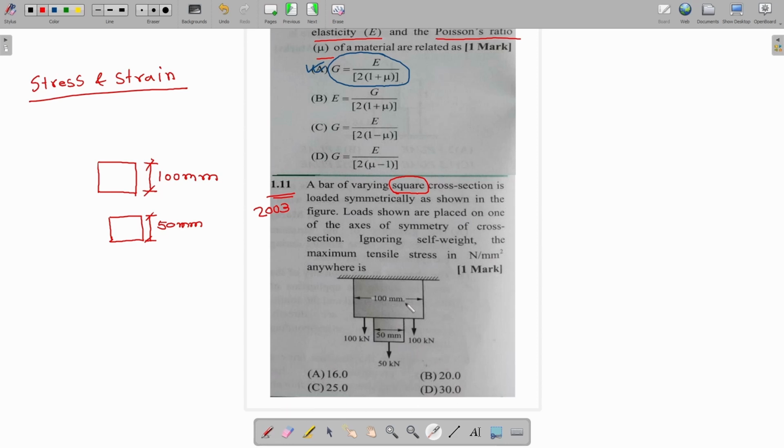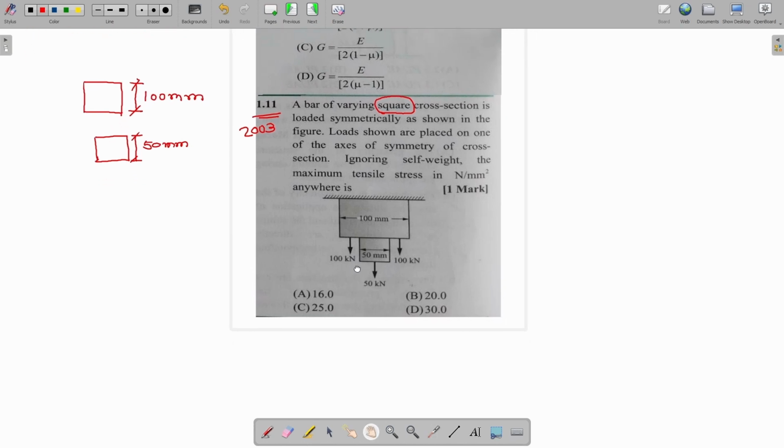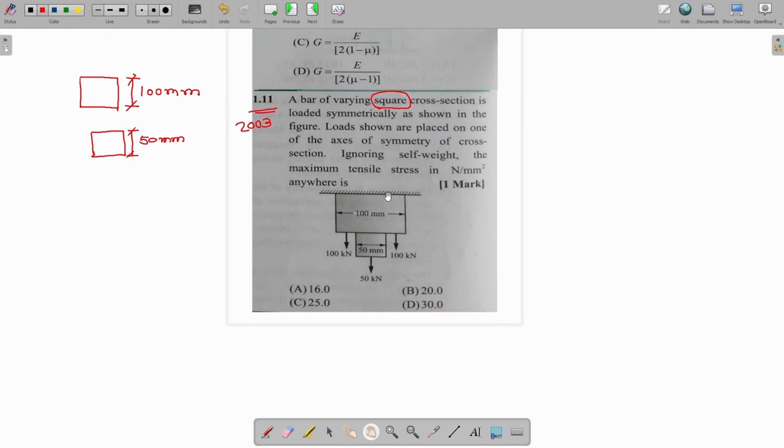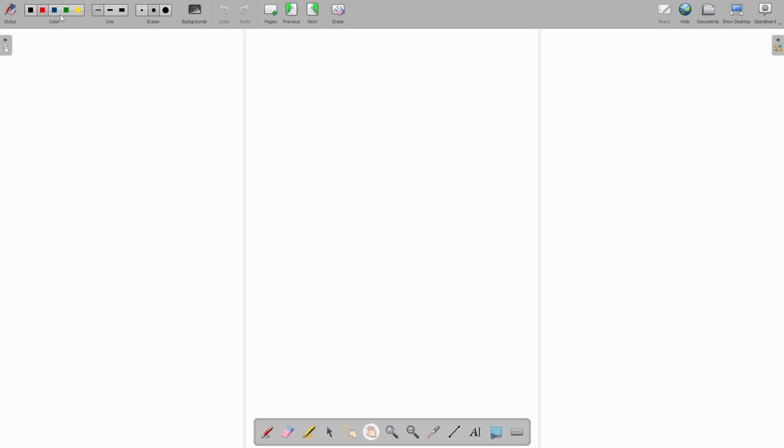Now we are going to solve this. First and foremost, I want you to draw this figure. So let us draw this figure first. This is given as 50 kilonewton.